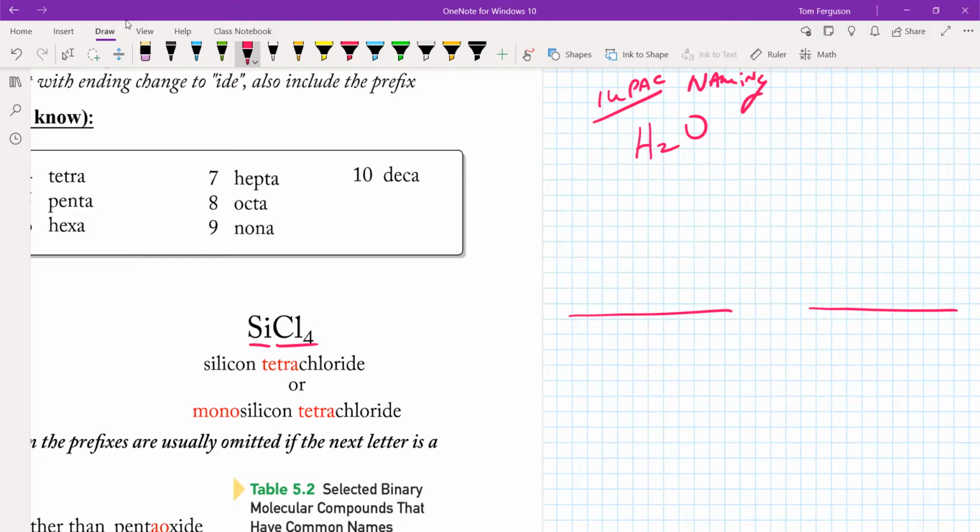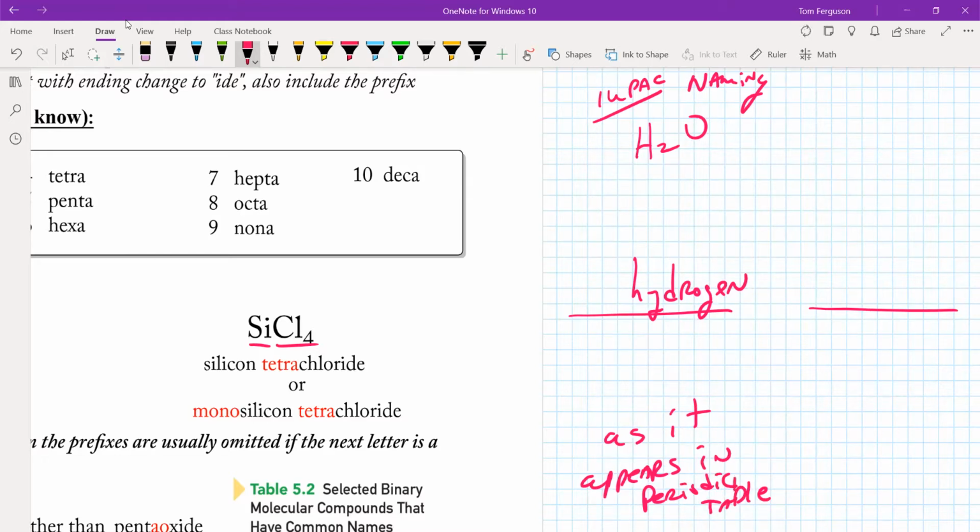Okay, so we have two atoms. One is hydrogen, as it appears in the periodic table. And then chloride, oxide, and you're going to be adding an ide.